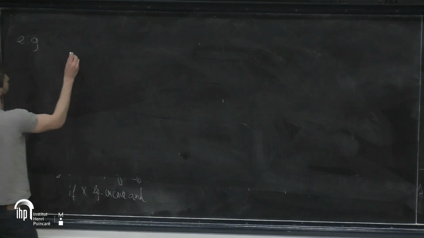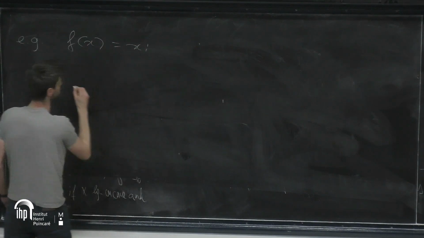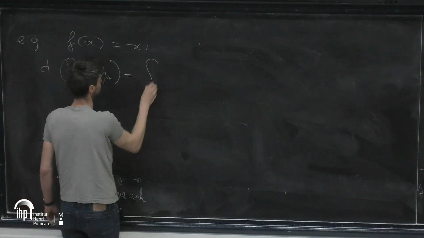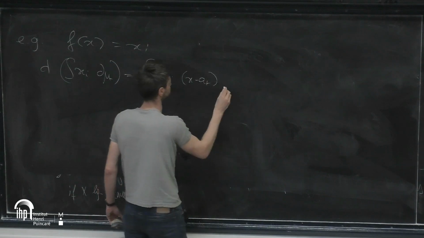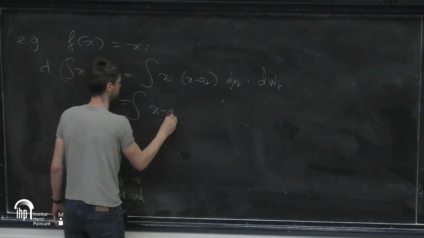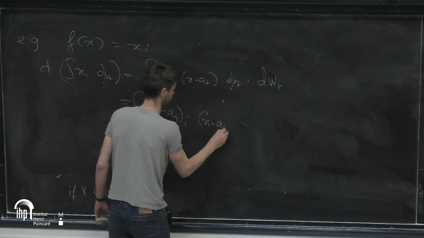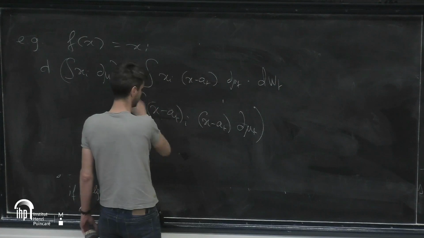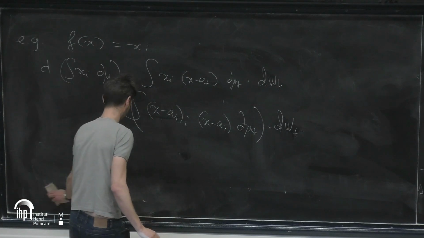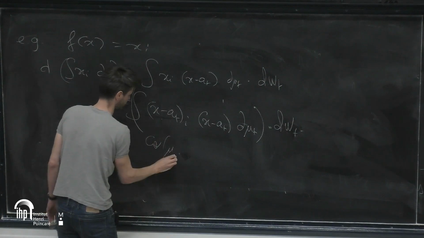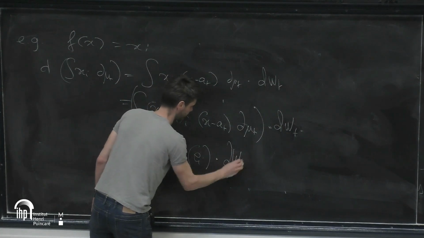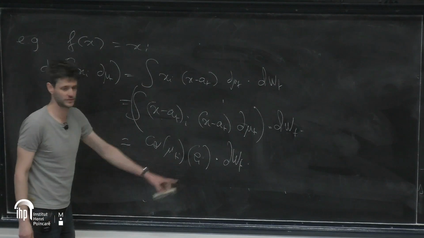So for instance, if f of x equals x_i, you get d of the integral of x_i d mu t equals the integral of x_i (x minus a_t) d mu t dW_t, which equals the integral of (x minus a_t)_i (x minus a_t) d mu t dW_t, which is the covariance of mu t applied to the vector e_i and dotted with dW_t, with e_i the i-th coordinate vector.